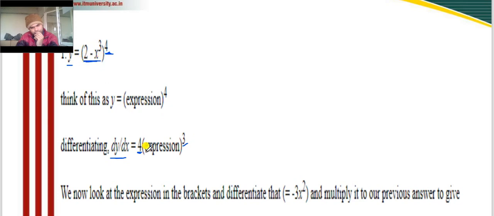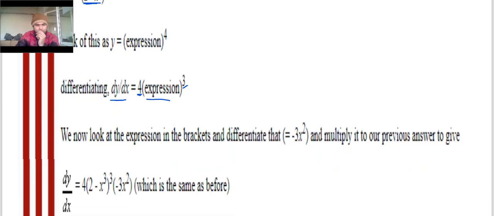And this is your expression that is written here. So we write 4 and this expression, its power is 4 minus 1, that is 3. Then again we have to differentiate this function 2 minus x to the power 3. The differentiation of 2 is 0 and this minus, so we write this minus x to the power 3. The differentiation of x to the power 3 is 3x square.